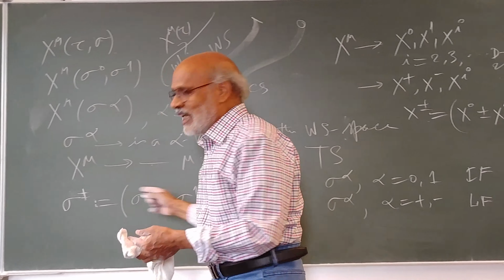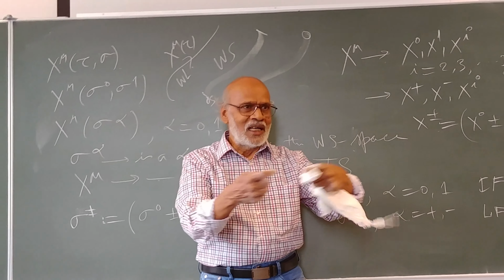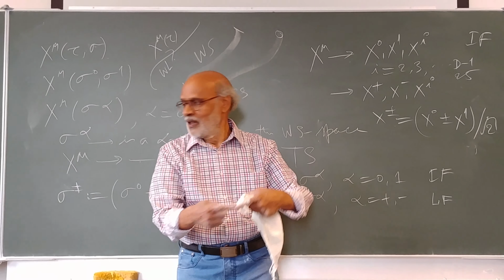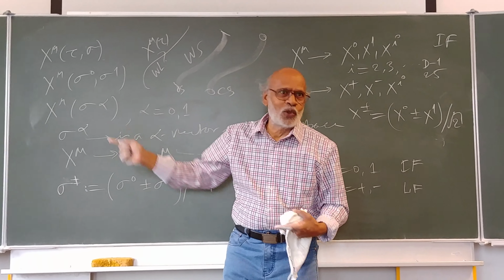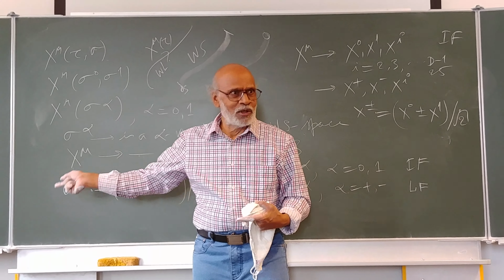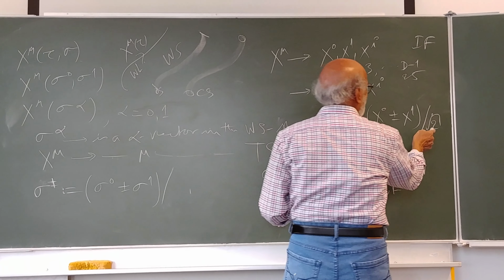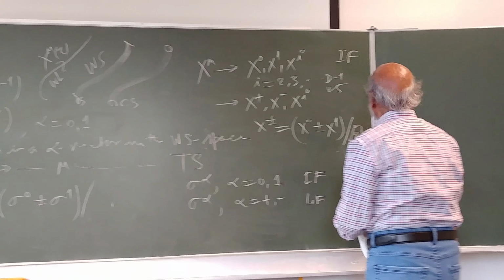But one has to watch out that the two metrics have to be related properly. If you don't have this factor, then a factor of 1/2 or 2 hangs around upstairs and downstairs. I will show you how. And if you take this square root factor, what happens?